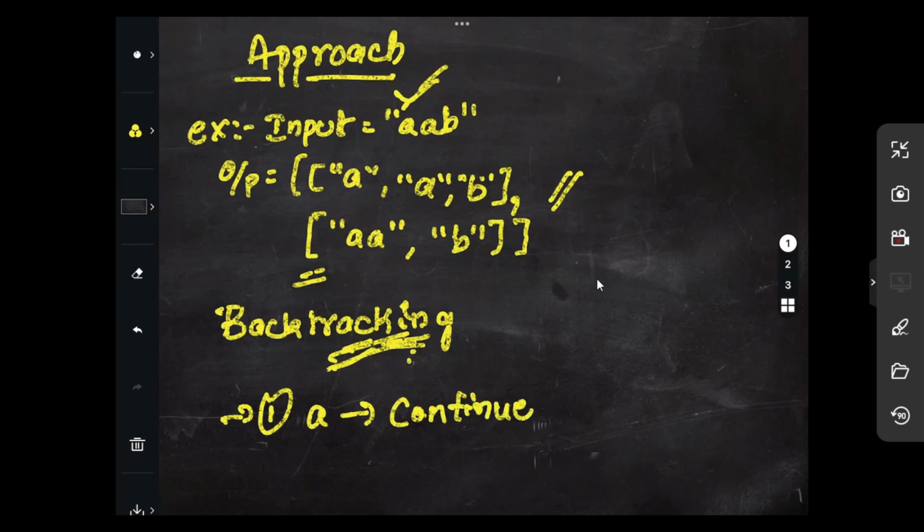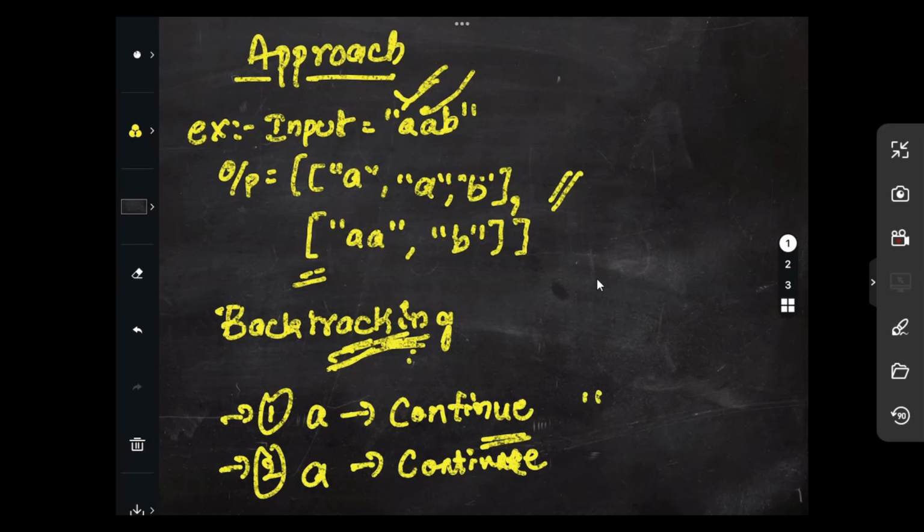Now let's move on to the next index. We start at index 1 and try forming the substring. We have a. Again, a is a palindrome, so we will continue. A is a palindrome again.